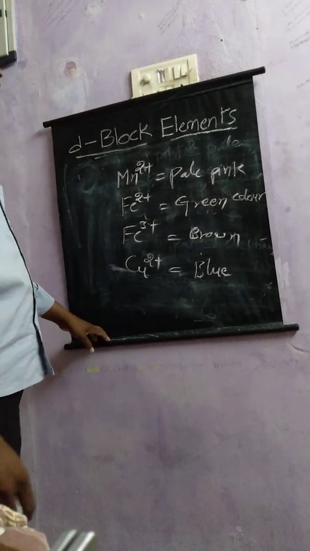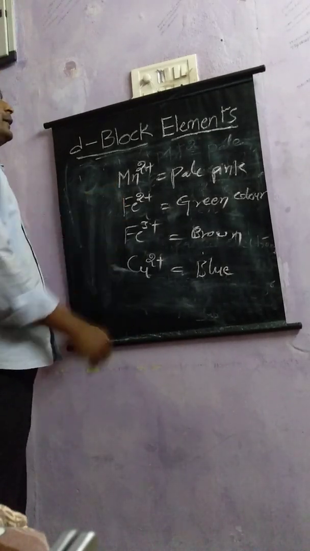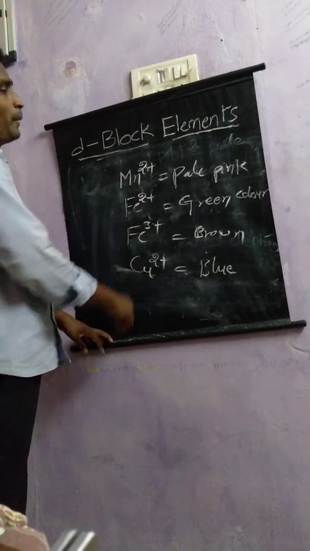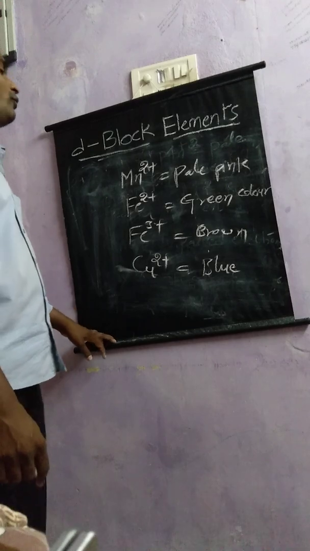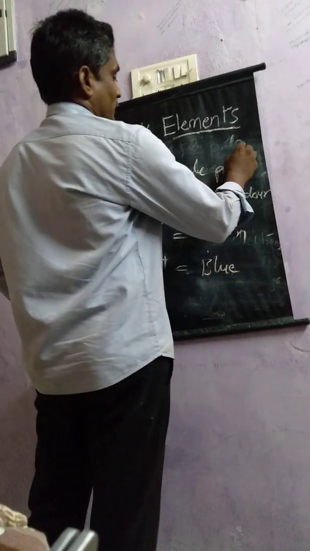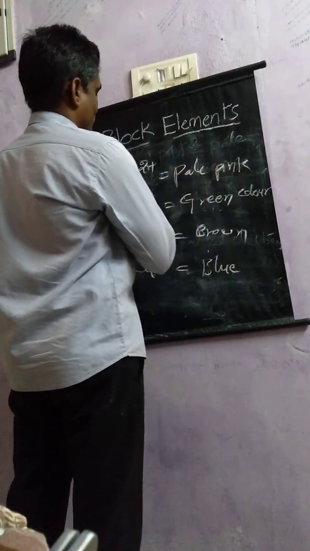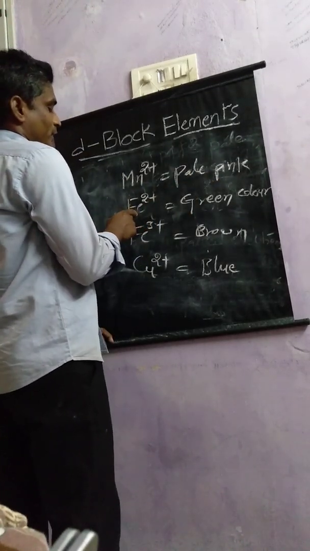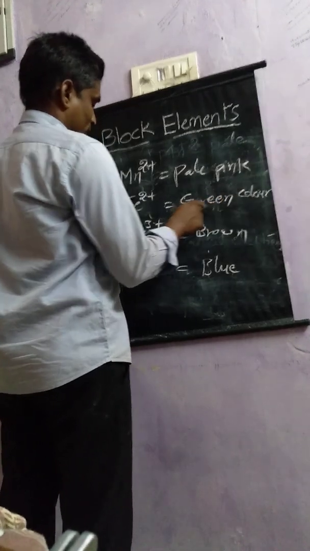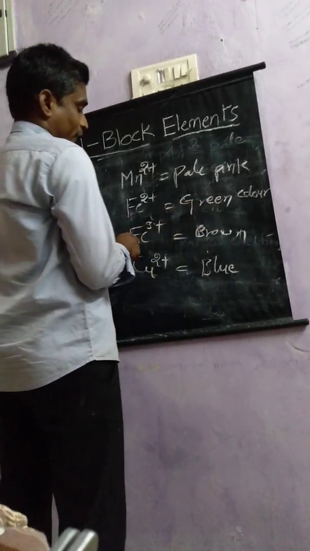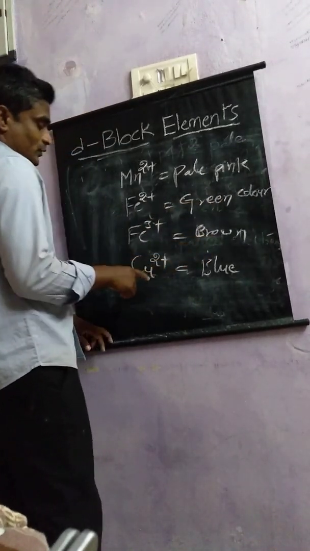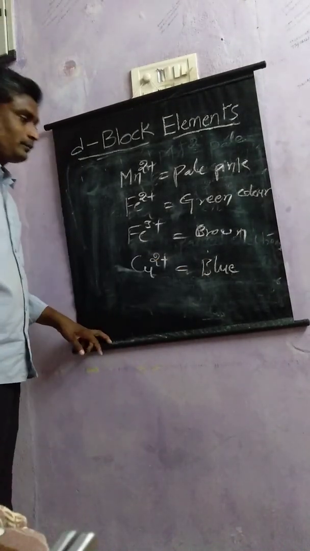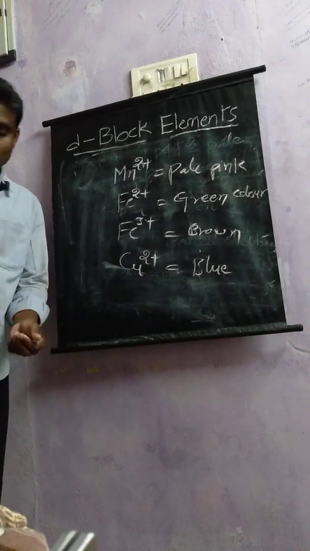So manganese, iron and copper exhibit color in ionic form: manganese pale pink, ferrous green, ferric brown, cupric blue.